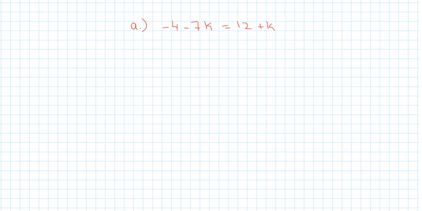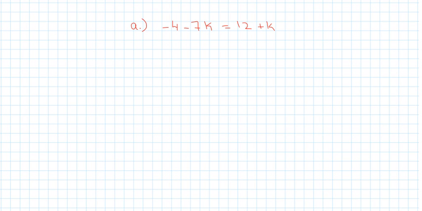Okay? So what I want to do is move everything, all the terms with the variable, the letter k, to one side, and all the constants to the other side. Okay? Now, which side do you want to move the k's to? You want to move them all to this side or to this side?